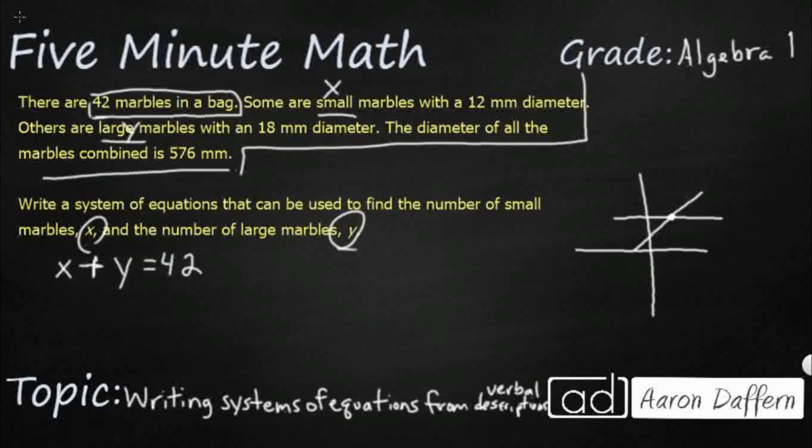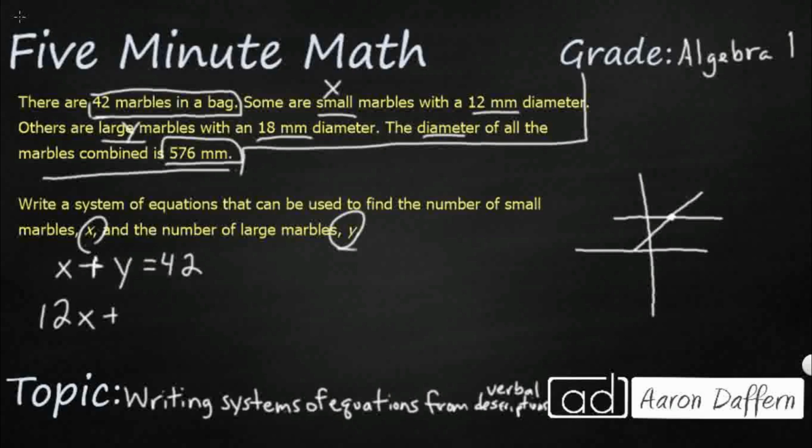So we've got small marbles have a 12 millimeter diameter. So now let's talk about the diameters: 12 millimeters, 18 millimeters, and then the diameter of all the marbles combined is 576. All right, so each small is an x. So if I have 12x, that means I've got x marbles that are small, and each one has a 12 millimeter diameter.